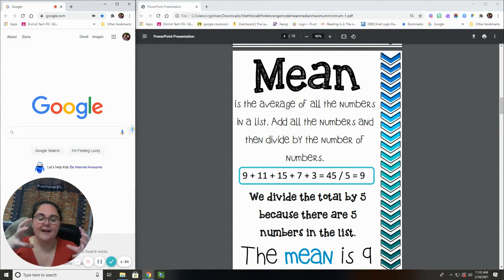Now you divide 45 by 5 because there are 5 kids in that house. The average age, the mean age, is 9. We divided the total by 5 because there are 5 numbers on the list.